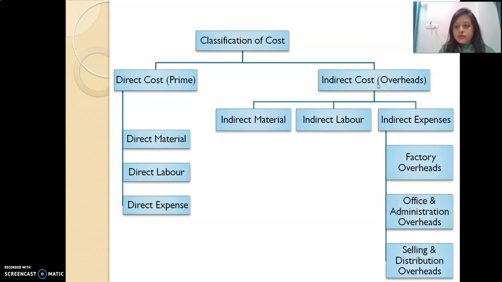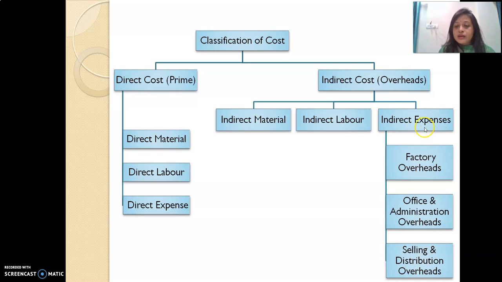Under indirect cost come the indirect materials, indirect labor, and indirect expenses. The indirect costs, which are the indirect material, indirect labor, and indirect expenses, are also known as the overheads.